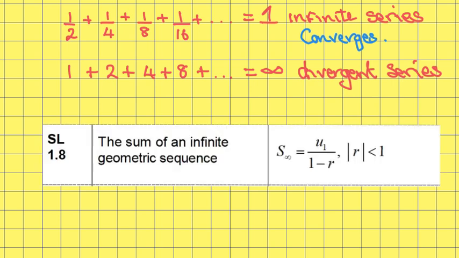In the formula booklet under section 1.8, we're given the formula for the sum of an infinite geometric sequence.